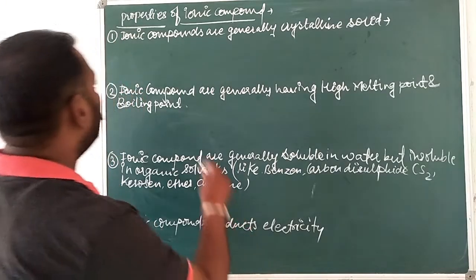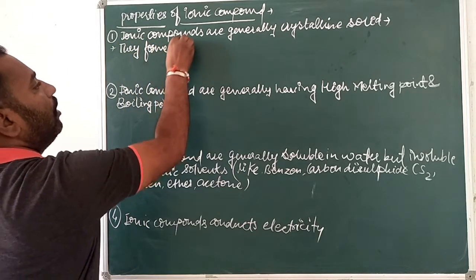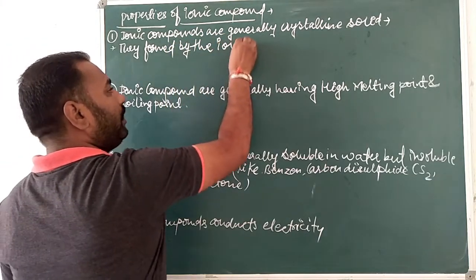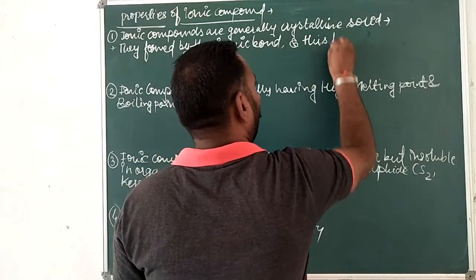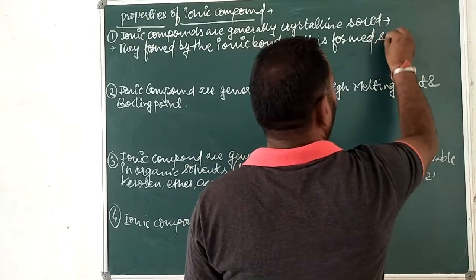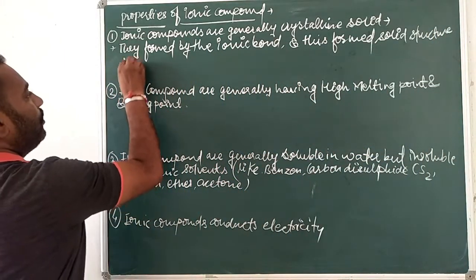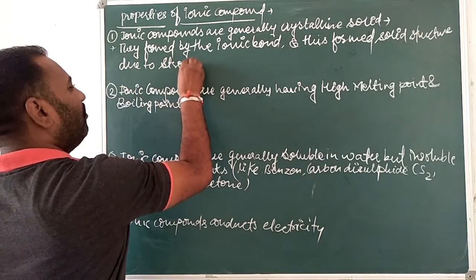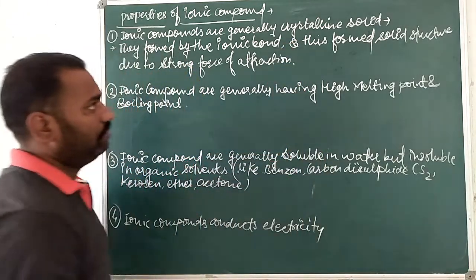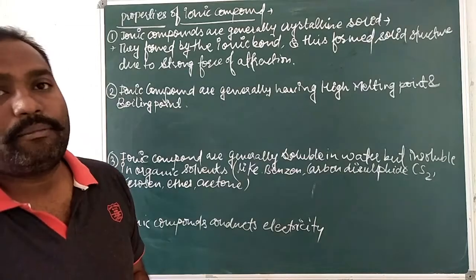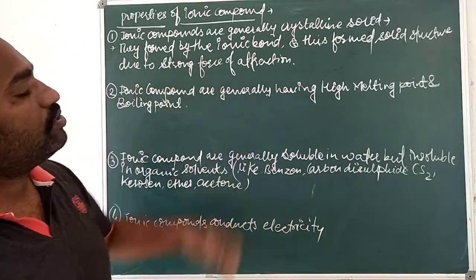Ionic compounds generally have a crystalline structure because they are formed by the ionic bond, and they form a solid structure due to the strong force of attraction between the ions.